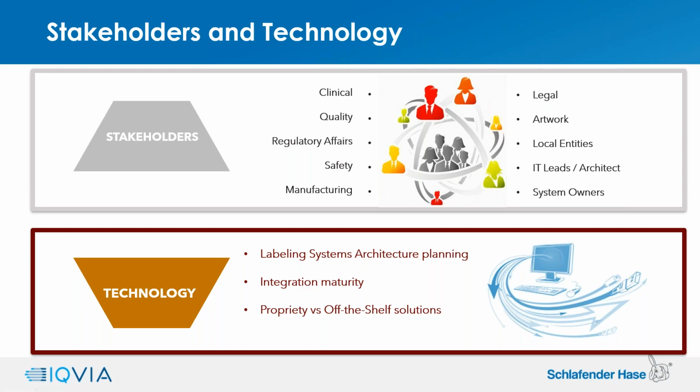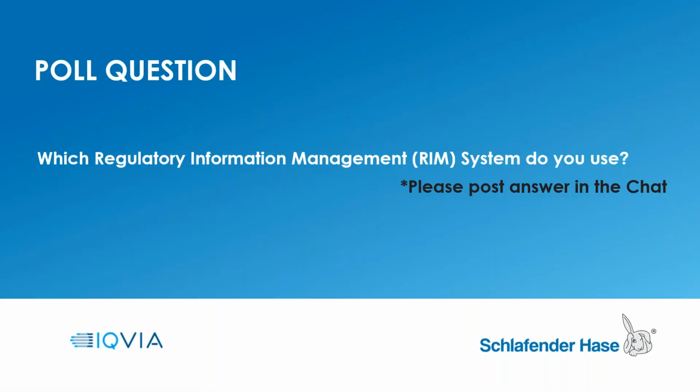And so I think we're at our last question, which is not necessarily a poll question, but Peter. Yeah, again a question, because there's so many different vendors and ways of approaching this, to answer in the chat. We're just trying to get an idea if people have RIM systems in place, or if they're not using anything, similar to the last question.